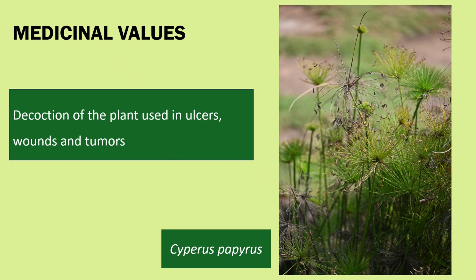Let's talk about some of the common Cyperaceae that are used for medicinal values. First is Cyperus papyrus. First of all, this is not a native species. This is a species from the Western countries. But the important thing is that the plant is used for ulcers, wounds, and tumors.